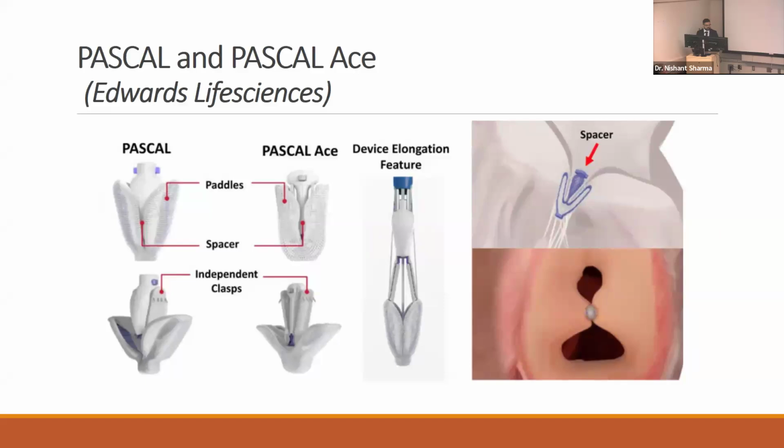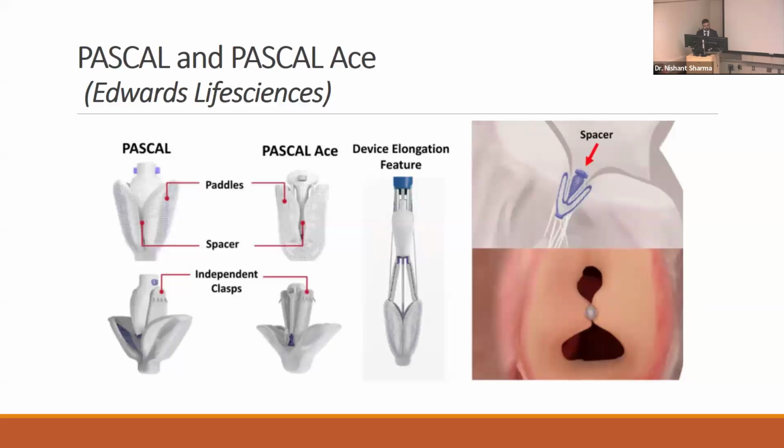PASCAL and PASCAL Ace, which is the Edwards product, work on the same basic theory. Additionally, it has a central spacer, which is designed to fill the coaptation gap and minimize regurgitation. It has two paddles designed to minimize stress concentration on the valve leaflet. And it has this elongation feature, which is nice.